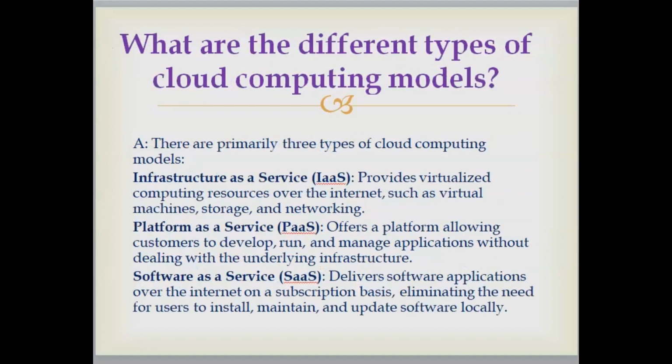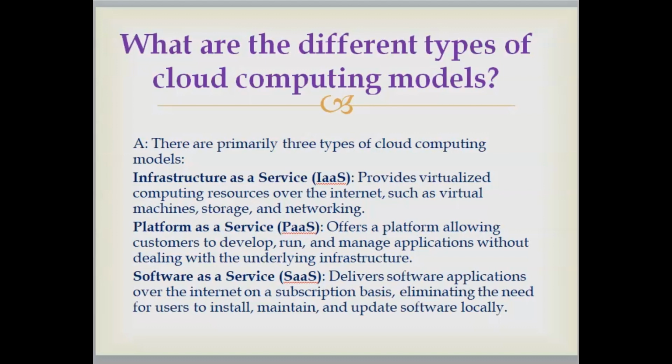What are the different types of cloud computing models? Answer. There are primarily three types of cloud computing models. Infrastructure as a service provides virtualized computing resources over the internet, such as virtual machines, storage, and networking.